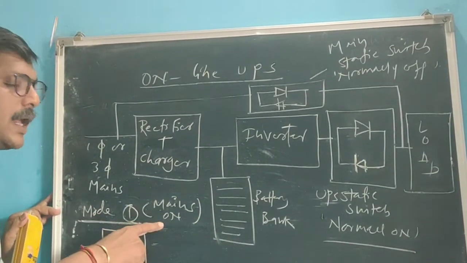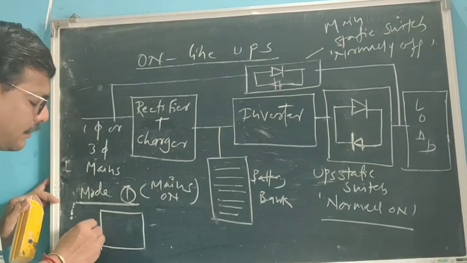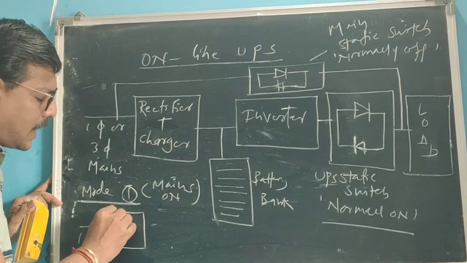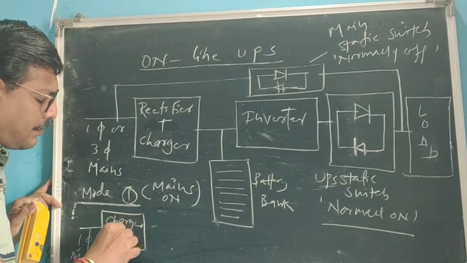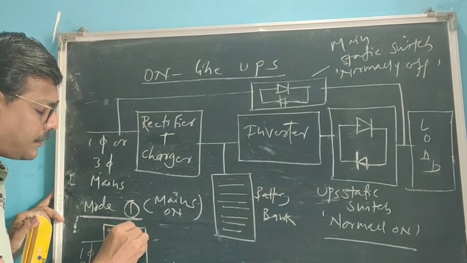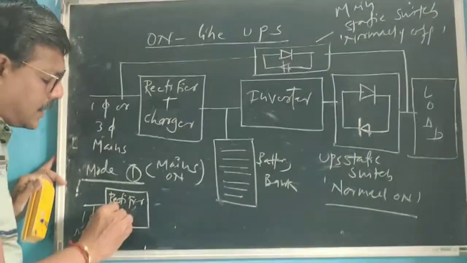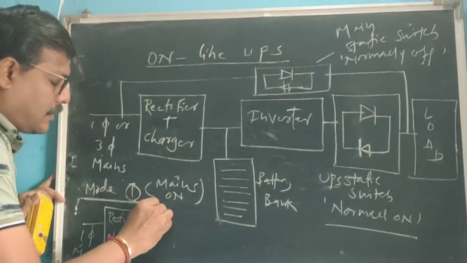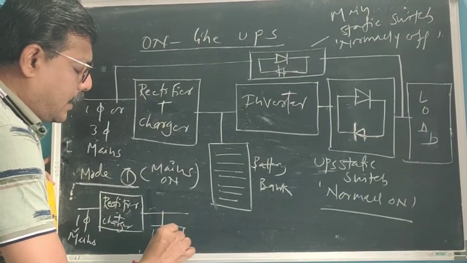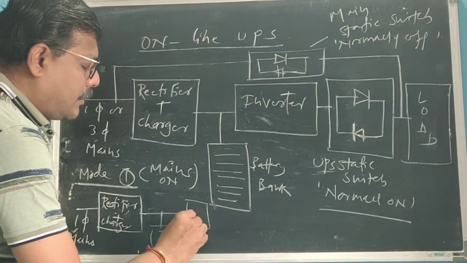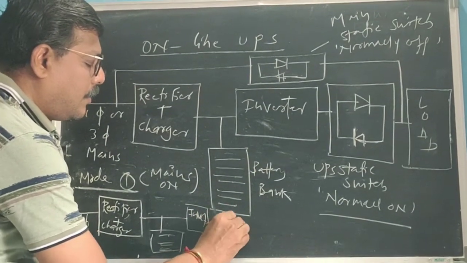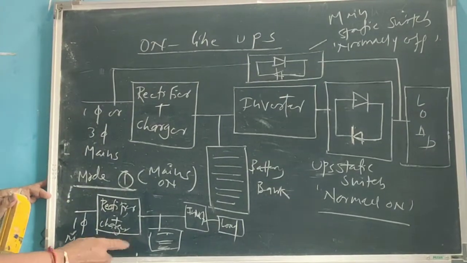When the power supply is on, at that time one phase AC goes to the rectifier plus charger, battery, then inverter and load.